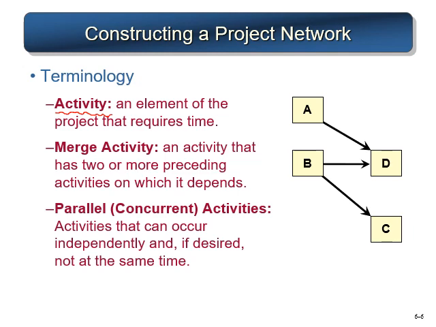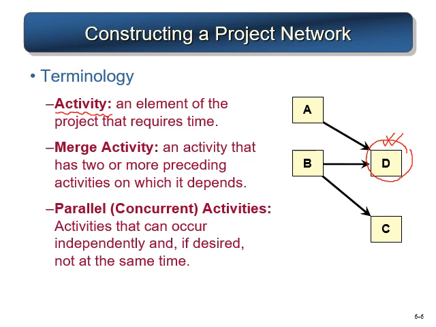Then we have a merged activity, an activity that has two or more preceding activities on which it depends. Over here, D is a merged activity. You cannot start D unless you are done with activity A and activity B.